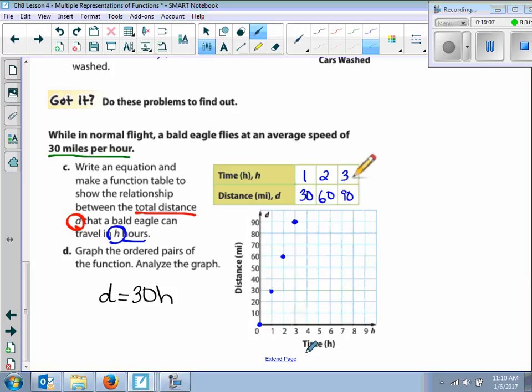We can do 0 comma 0 too. Well, let me see. Can that bald eagle fly for half an hour? Yes. So can I get here in this line right there? Can that bald eagle fly for an hour and a half? Yes. So because we answer yes to that question, we do draw the line, and then you can see again that this is a linear equation. Very good.